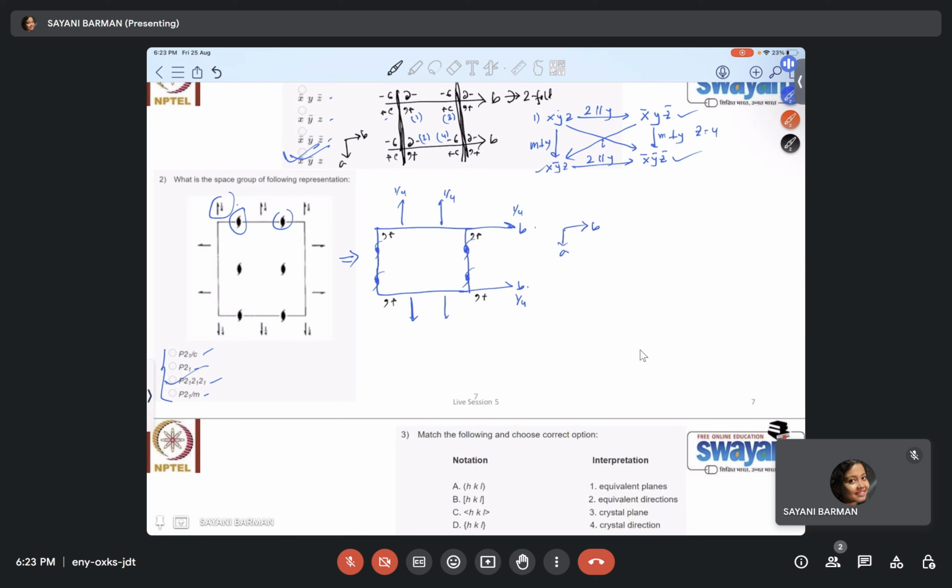It will be here, right? Then along the translation, along this direction, half translation. So it will be here, right? Let me erase this. Okay. Similarly for this one, it will be here. Now another 21 is along the a axis. So let it be this one.